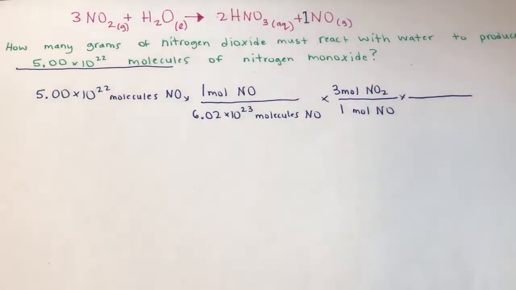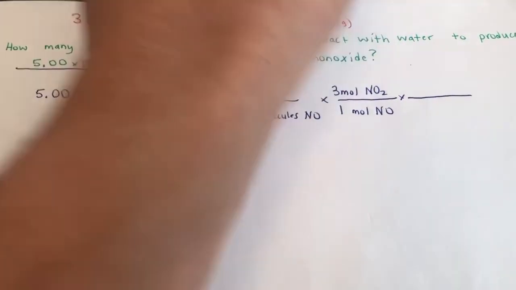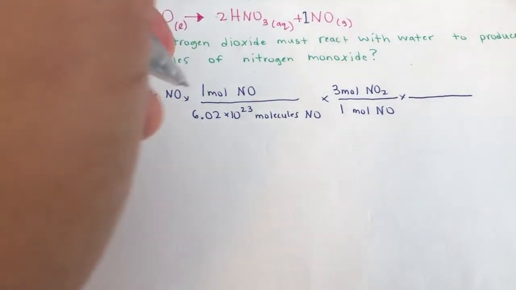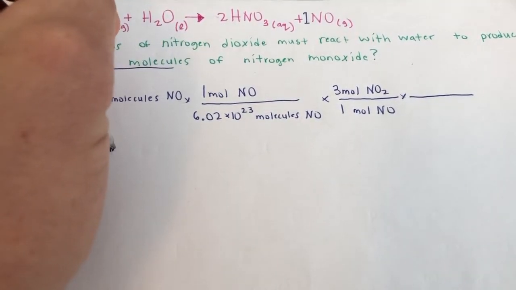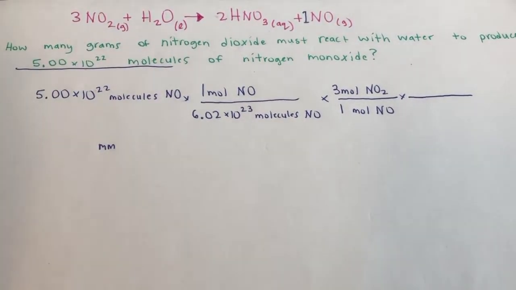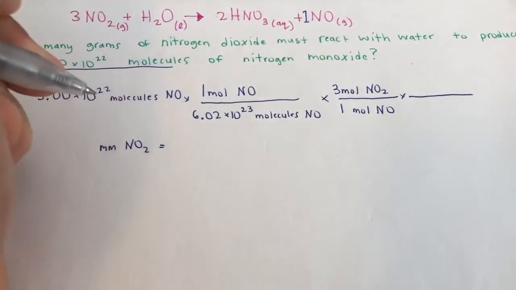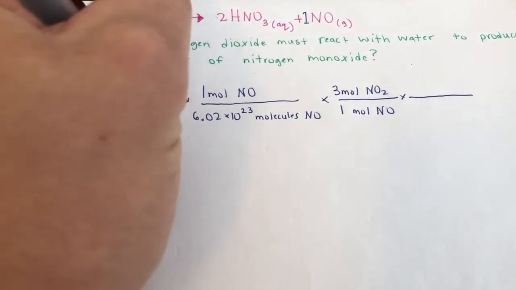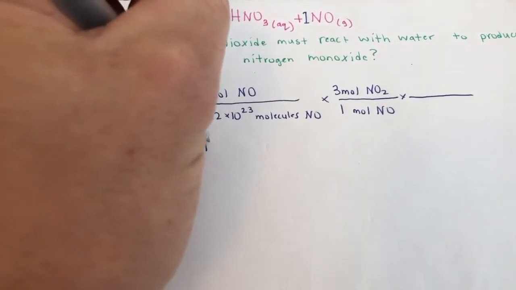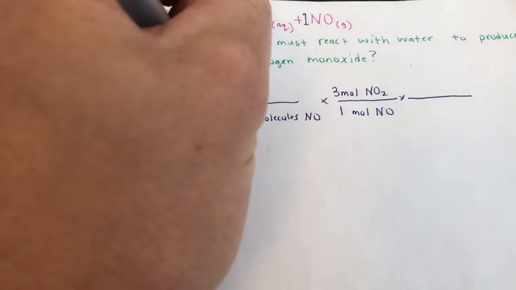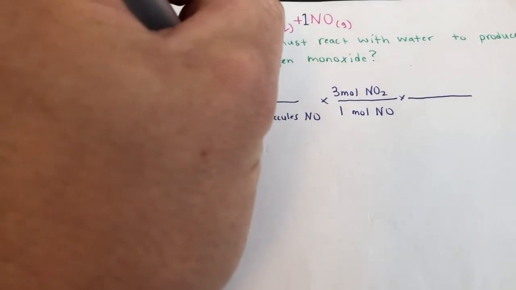So let's just do a little part down here. So the molar mass of nitrogen dioxide. Well, that's nitrogen is 14.01 plus 2 times oxygen, which is 16.